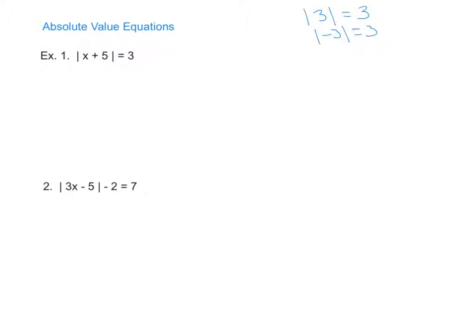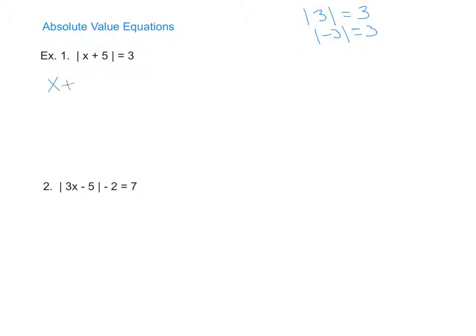So what happens when I have the absolute value of x plus 5 equals 3? Okay, I'm looking at this equation and I want to find the value of x that makes this equation true. So basically, if you look at my example I did here, this x plus 5 either needs to equal 3 or it needs to equal negative 3.